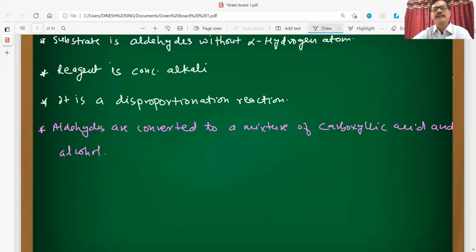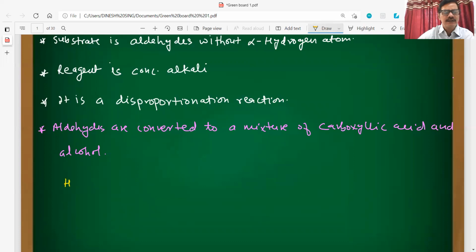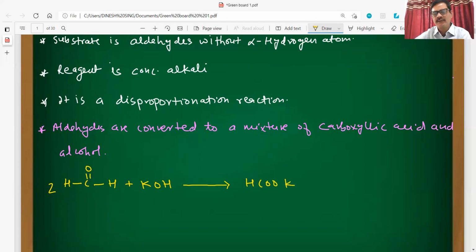So here we can see the example. Suppose we are having HCHO, 2 moles undergo disproportionation with concentrated alkali like KOH or NaOH. So this will convert into HCOOK plus CH3OH.